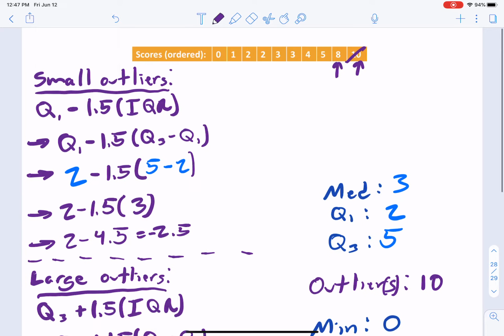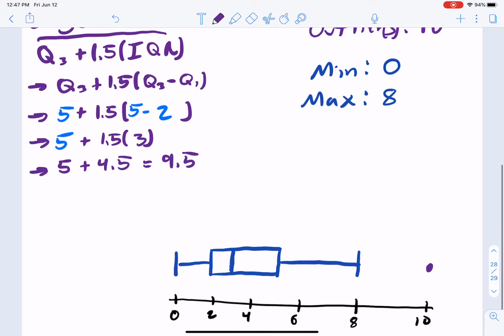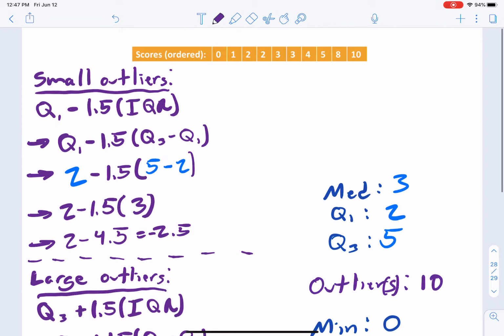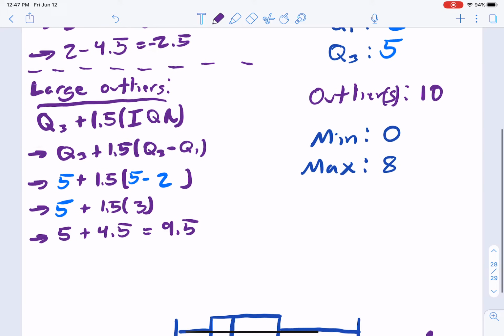Okay, so maybe I want to see what the mean is too. Let's just do that real quick, and we'll denote that with an asterisk. Okay, and we'll just put that down here. All I need to do to find the mean score in this case is add up all of these numbers and then divide by how many there are.